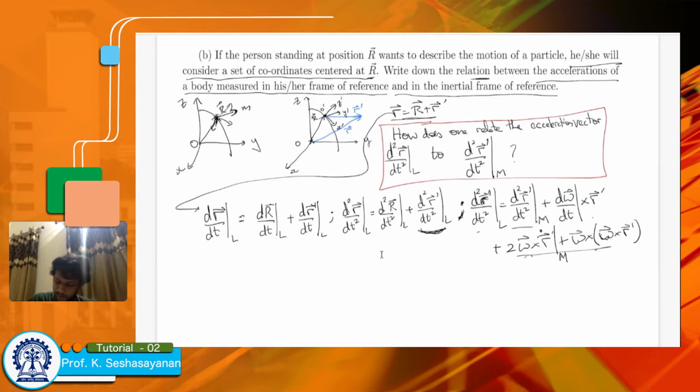We can make some simplifications here. We can say that d omega by dt for the Earth is almost 0. For all practical purposes, it's almost constant, so we can remove that. And now we'll substitute this here.